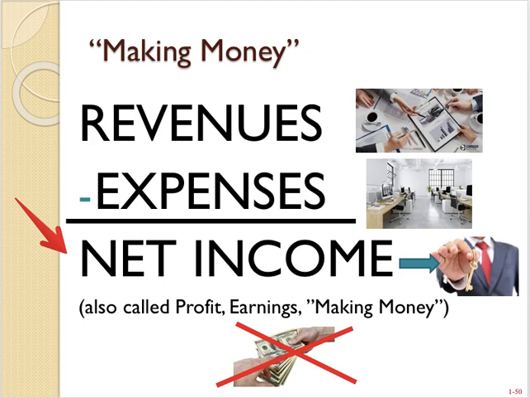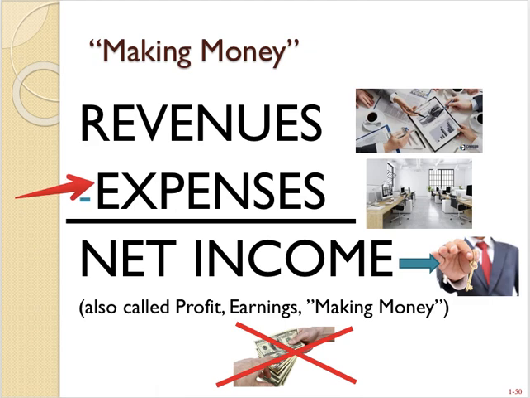Now, a few things that I want to point out about this equation is what I've shown you in the transaction analysis was just one revenue transaction and one expense transaction. But there are multiple revenue transactions every day, and multiple times a day businesses sell stuff. So there's going to be a lot of stuff in this revenue section. And expenses as well.